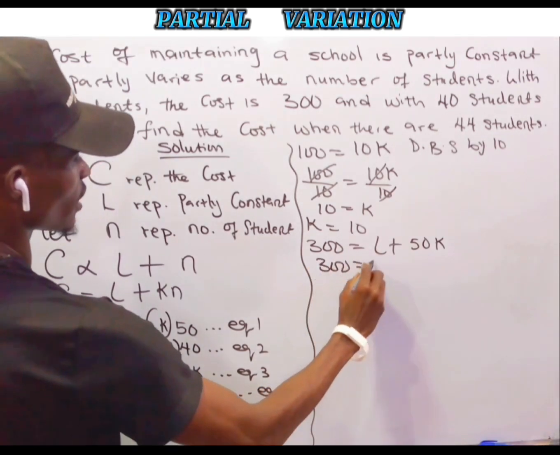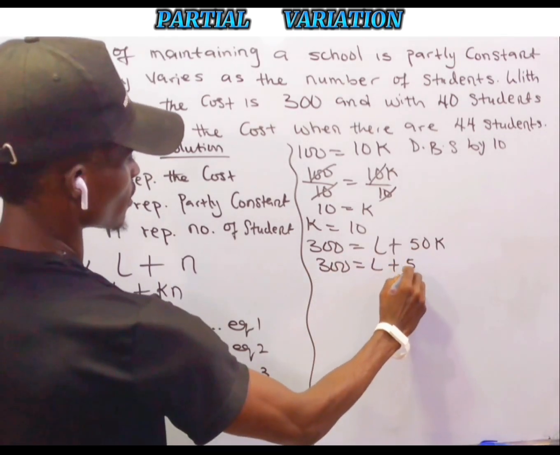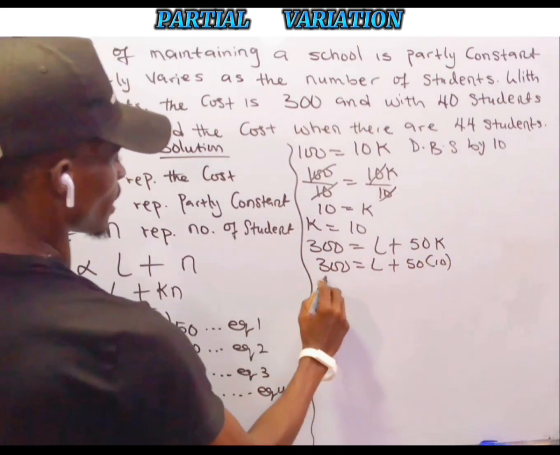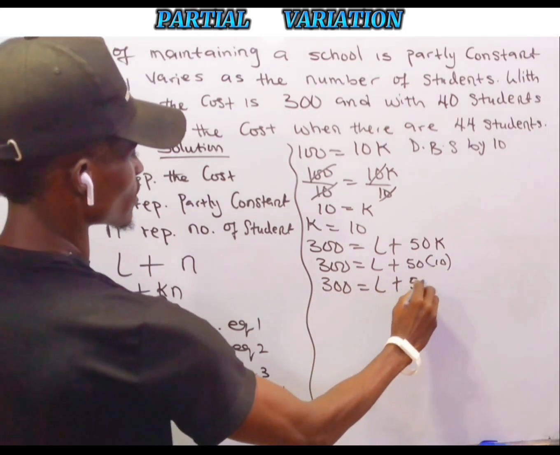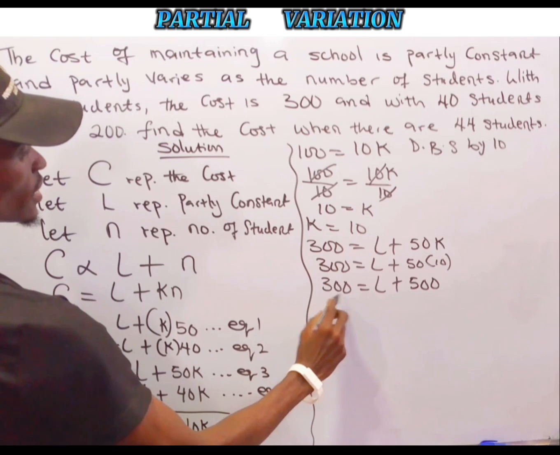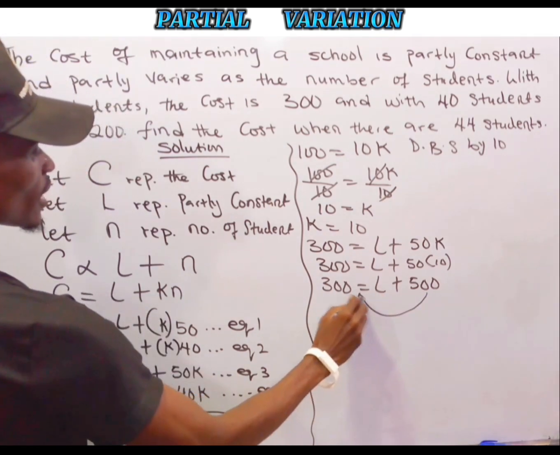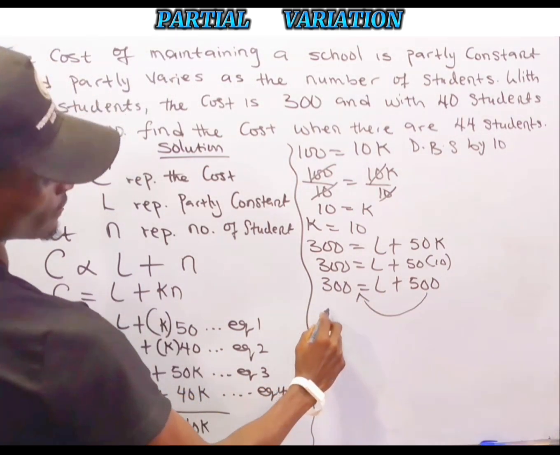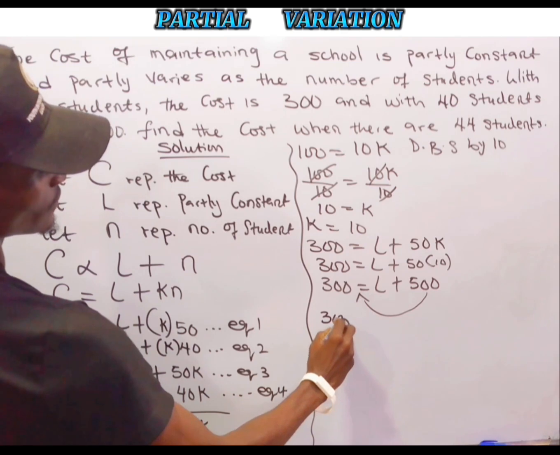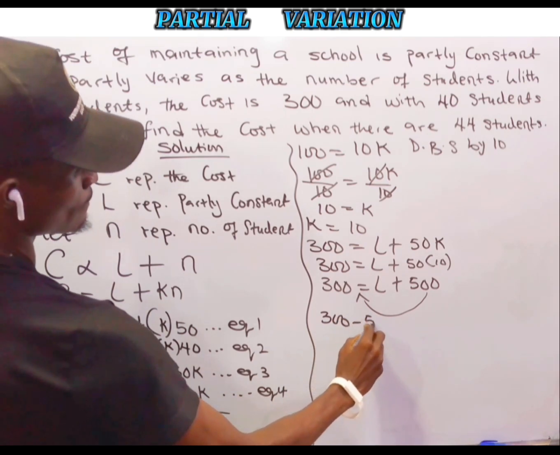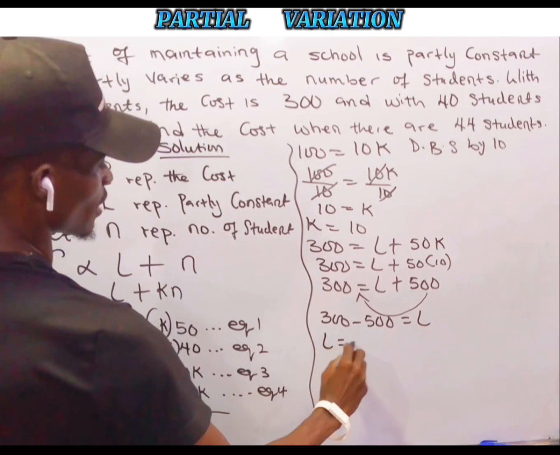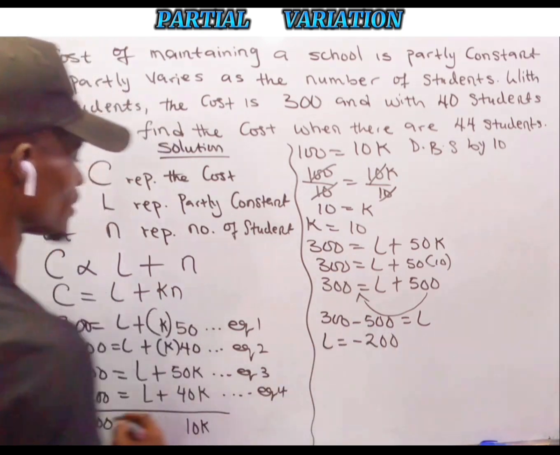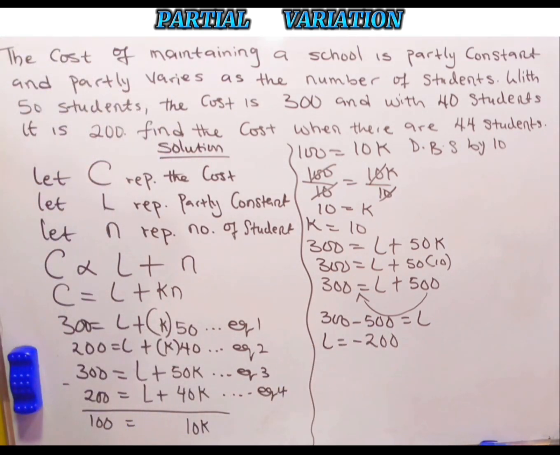That makes 300 equals L plus 50 times 10. So 300 will be equal to L plus 500. So bring this here, we'll have 300 minus 500 is equal to L. That makes L to be negative 200.